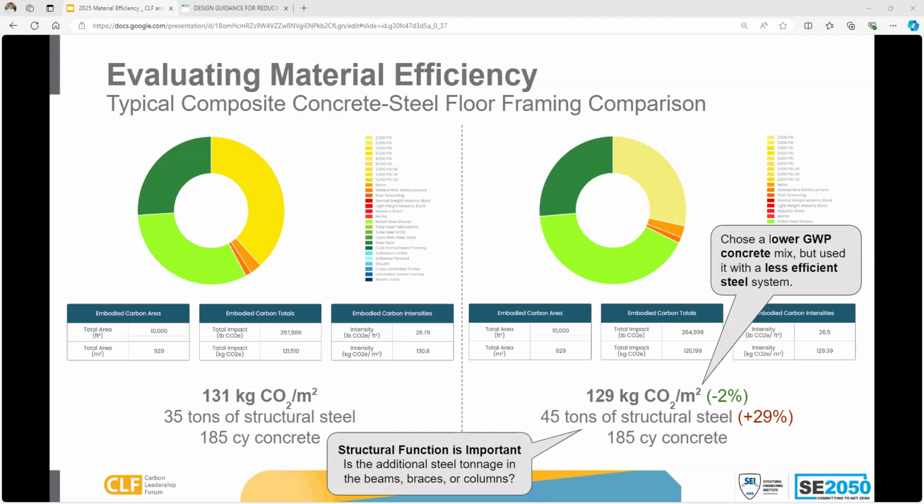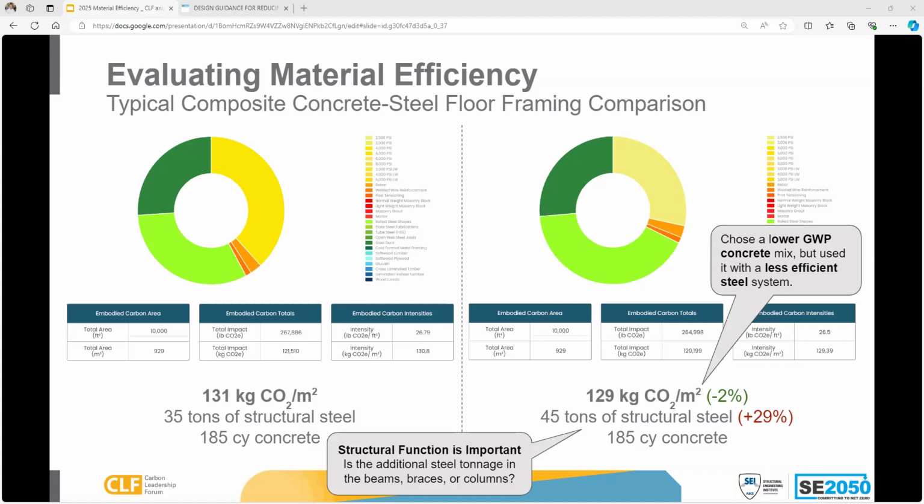And one thing that's happening now in our profession is we're really focusing on that 2% gain. We're really excited about that. But if we dug into those numbers a little bit more, we'd probably want to understand, wait a second, you actually used 30% more steel, and even if you did know that, you don't know where that steel is located. So it makes it really, really difficult to make any sort of material efficiency comparisons between these two systems.